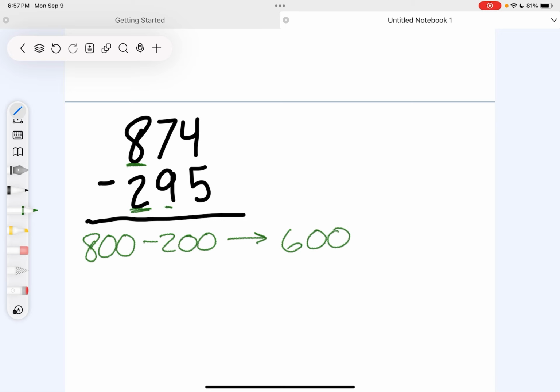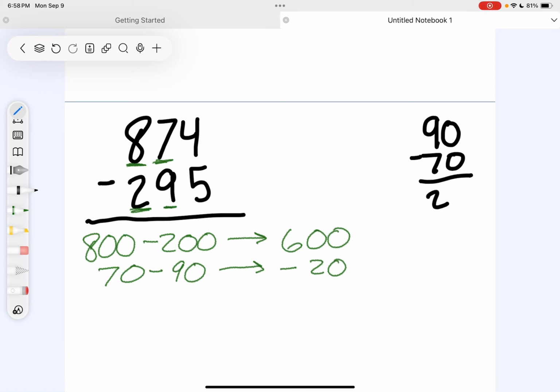Our next values are our tens values, so that is our 70 minus 90, which, an idea you can maybe use to help your student understand where we get the negative 20 from, or a minus 20, is your 90 minus 70 is 20, but since 90 is bigger than 70, we need to add our minus, because we are running out of our positive values.